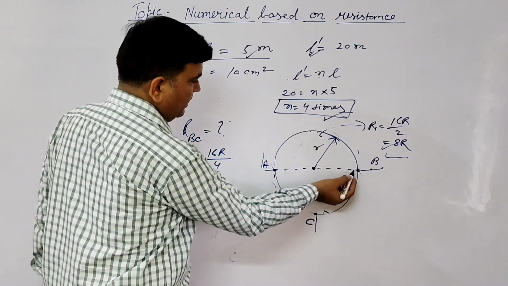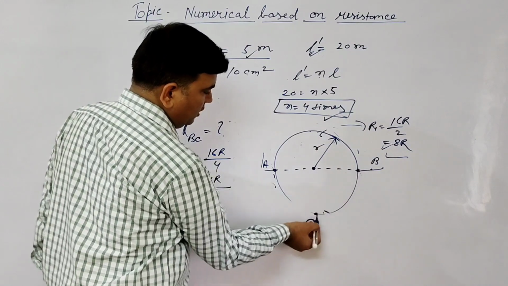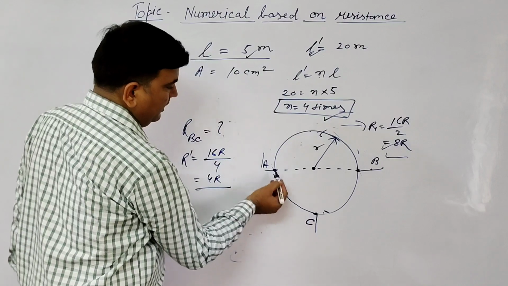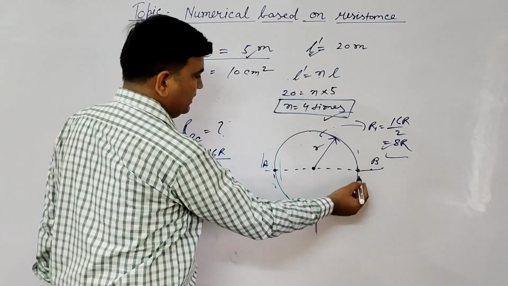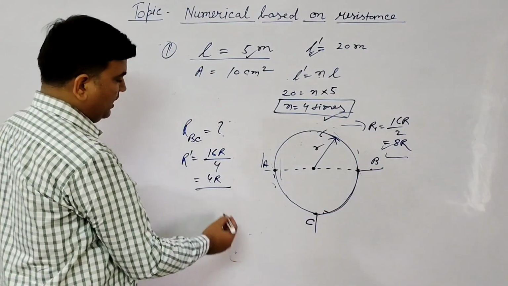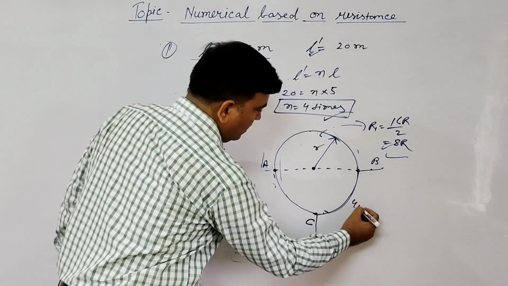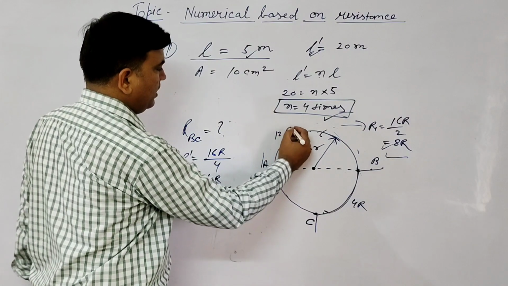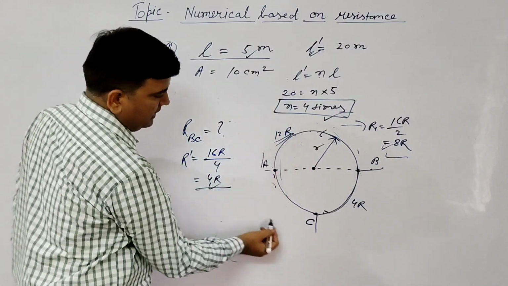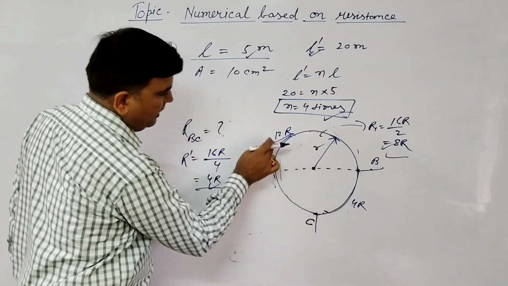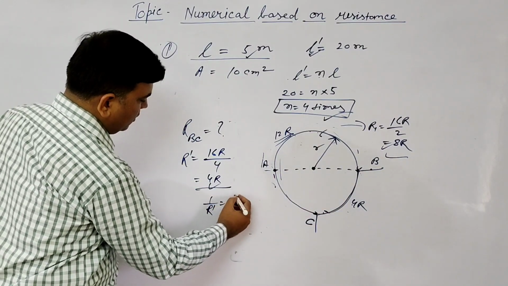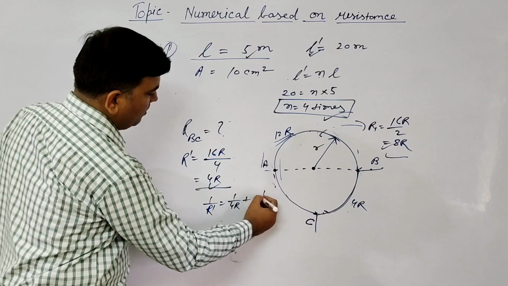So now see here, across BC, the 3/4 part has a resistance and the 1/4 part has a resistance of 4R, and the 3/4 part is 3 times of this, it is 12R. So 12R resistance and 4R resistance are both joined in parallel across BC, and now apply the formula 1 by R dash equal to 1 by 4R plus 1 by 12R.